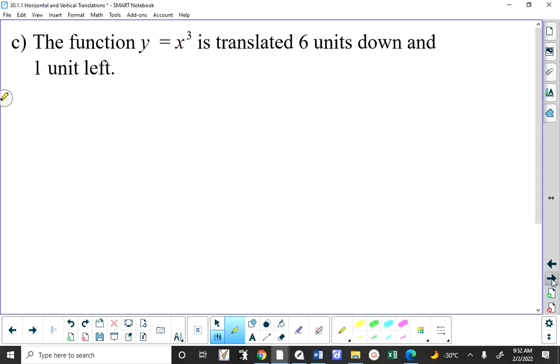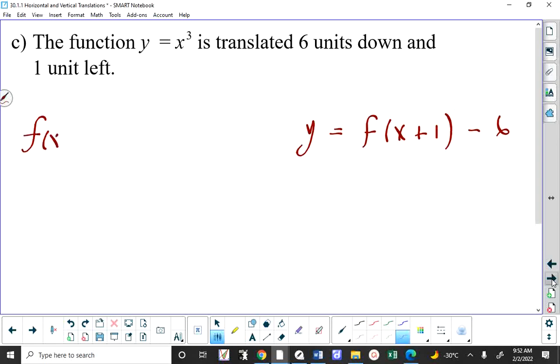When we take a look at C, we decided that the new function is f of x plus 1 minus 6, correct? Okay. Well, in this case, we know what f of x is. It's x cubed.